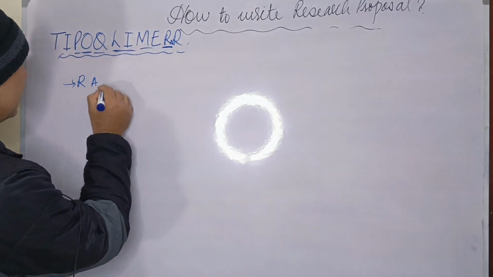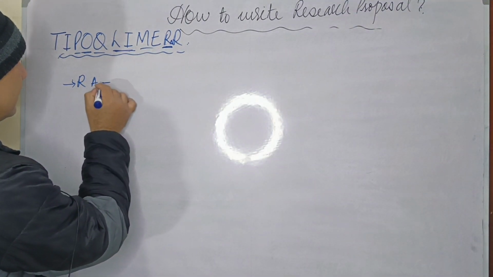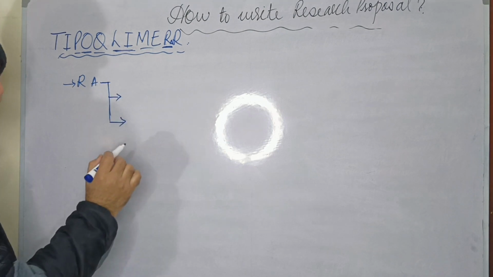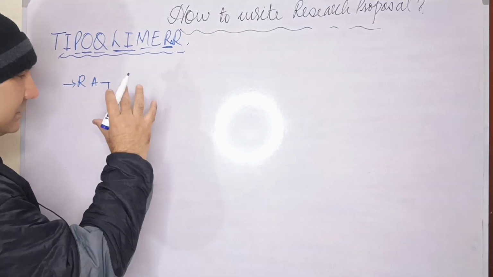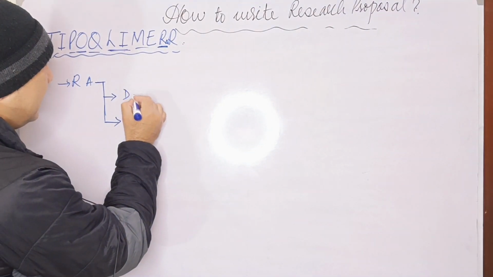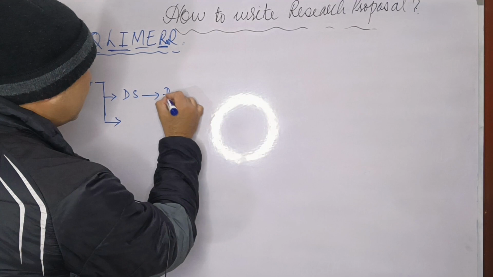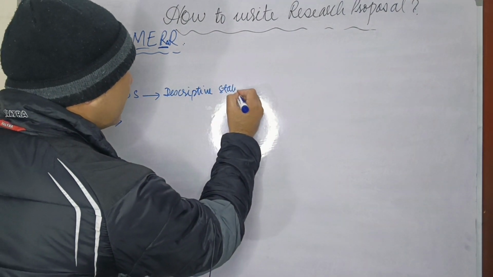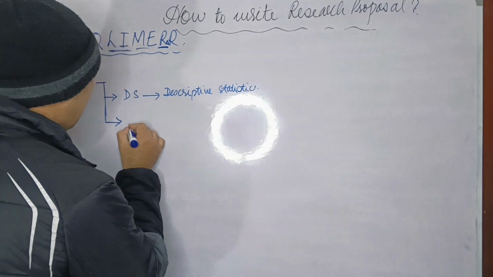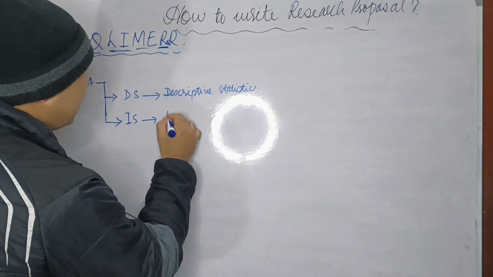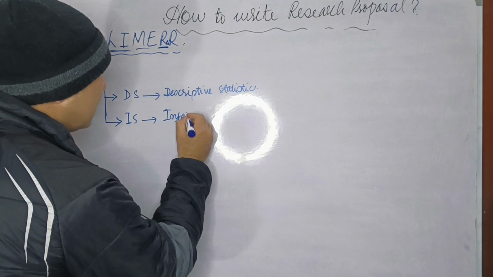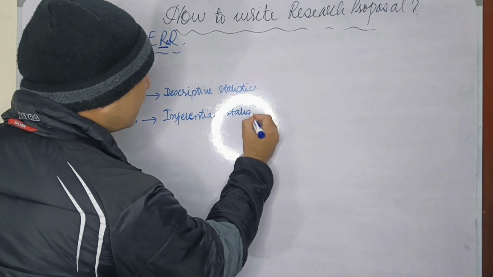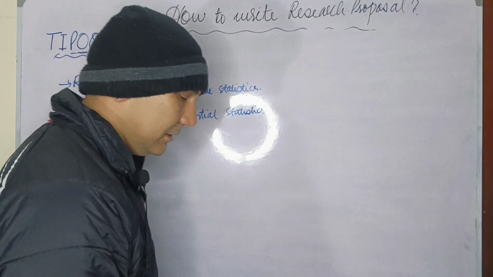And in the research analysis, you should again skip the two things. Okay, you will explain your research analysis: how, what, with what type. The first one is DS, descriptive statistics, and then IS, inferential statistics.